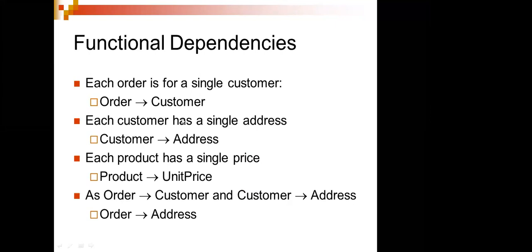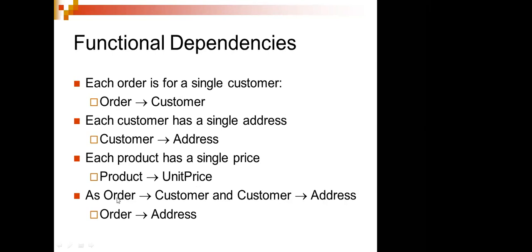Once the person has ordered, the customer has to receive the product, so he will have the address. So address depends on the customer and customer depends on the order. That is functional dependency. Then the product has a price, so it is separate.